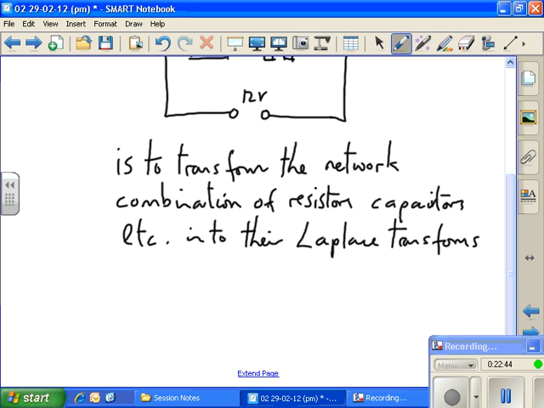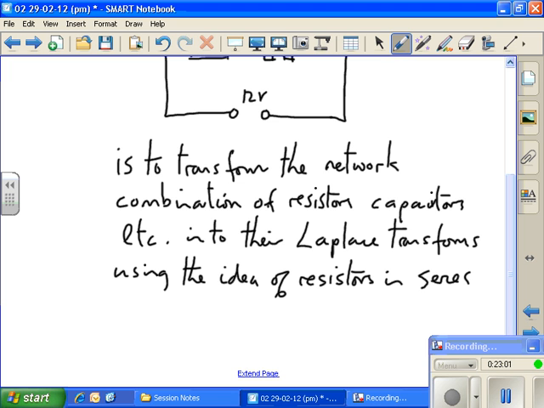Using the ideas of resistors and capacitors in series and parallel. In fact, resistors in series and parallel, because we're turning them all into effective resistors in this S space.